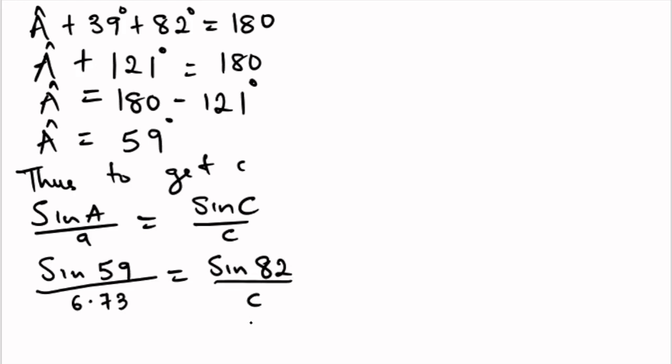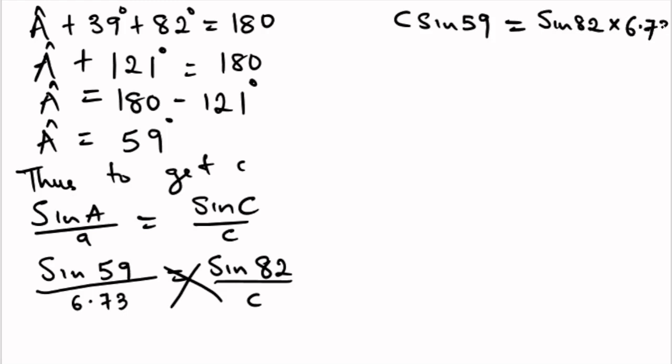So for us to proceed, we have to cross multiply. Now cross multiplying, c times sine 59 will give us c sine 59 equals sine 82 times 6.73.